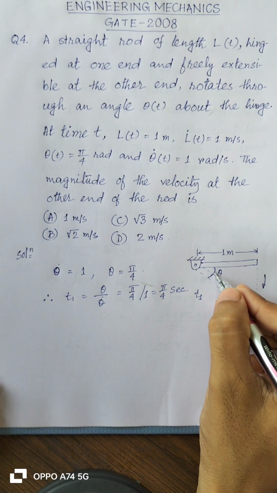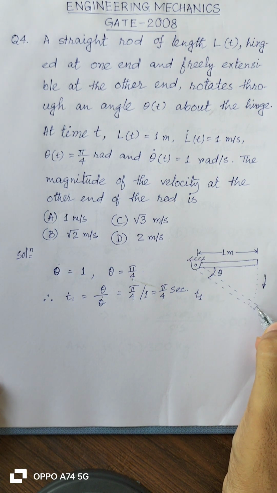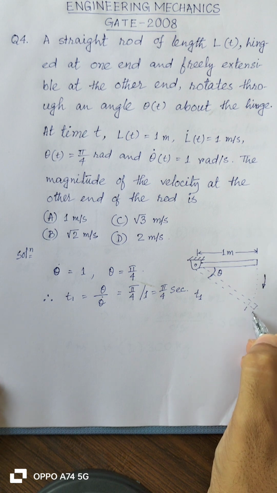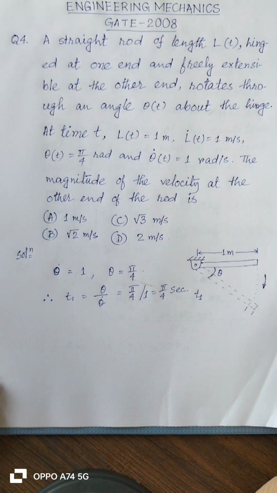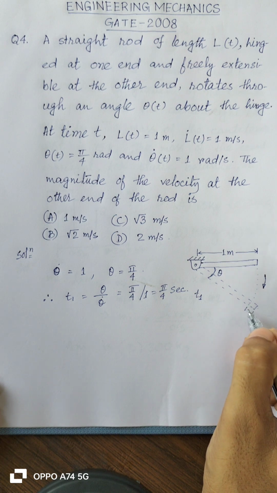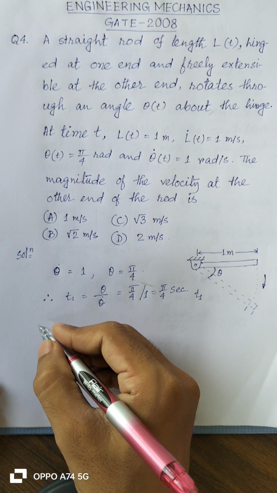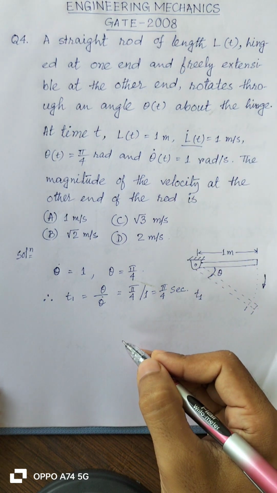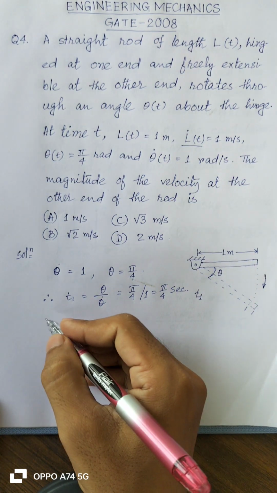So in this time t1, what is the increase in length? Let us calculate. Okay, so this is the increment. So what is the increase in length? Rate of increase in length is given 1 meter per second.